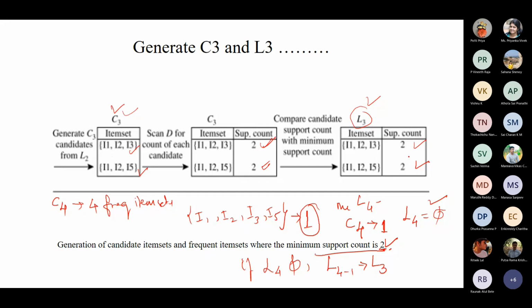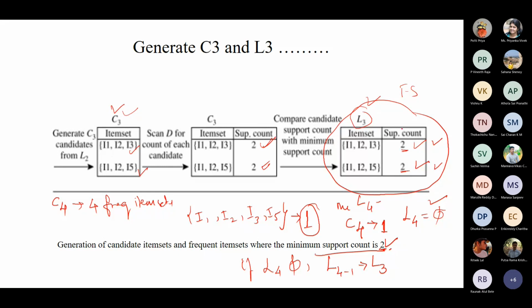What is L3 here? L3 is I1, I2, I3 and I1, I2, I5. There are two sets of items whose support count is 2, which is satisfying our constraint. So this is our final solution. L3 is our final solution.